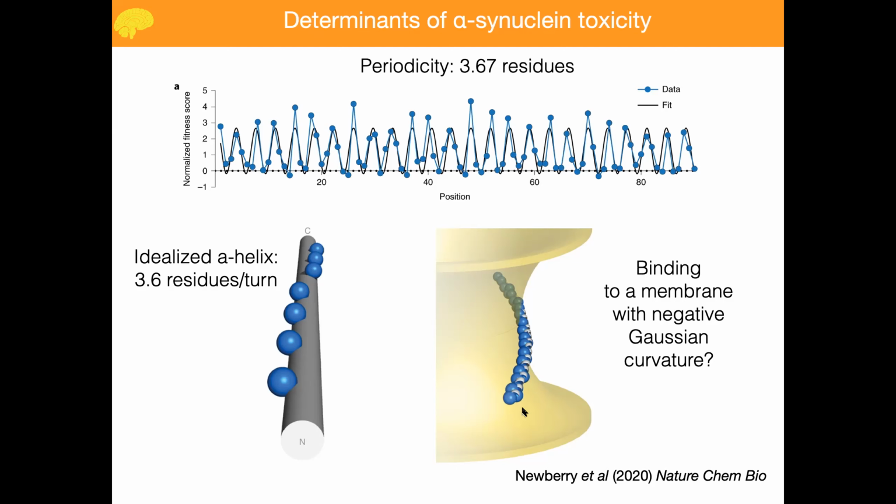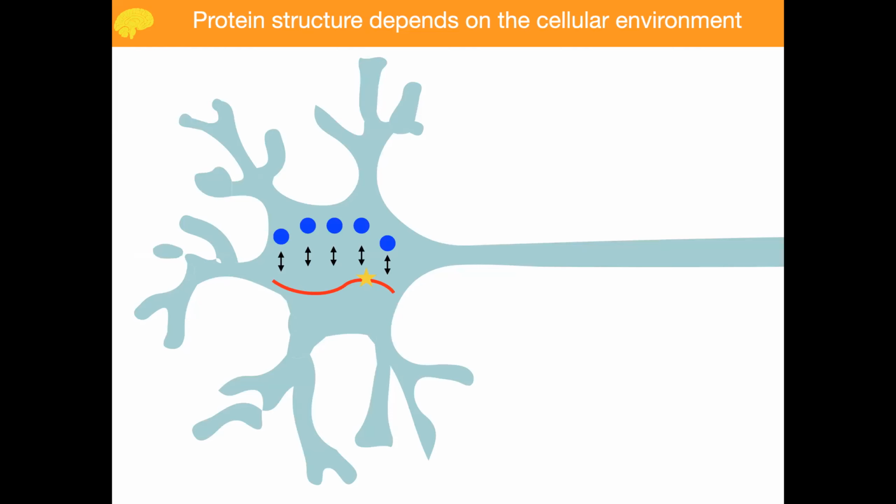And of course, the other big question is whether toxicity in a yeast model is relevant for humans. And I think it's really important to think about protein structure in the context of relevant cell types. One feature of neurodegenerative diseases, for example, is the so-called selective vulnerability.